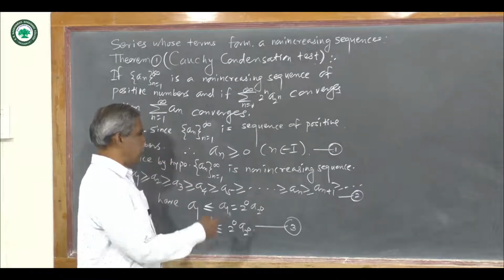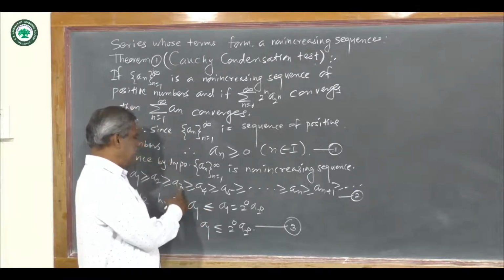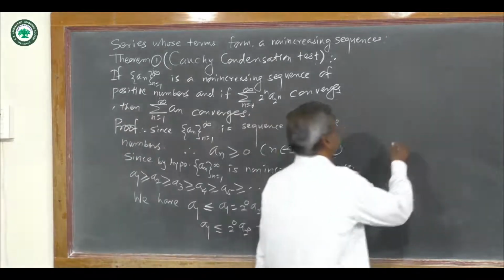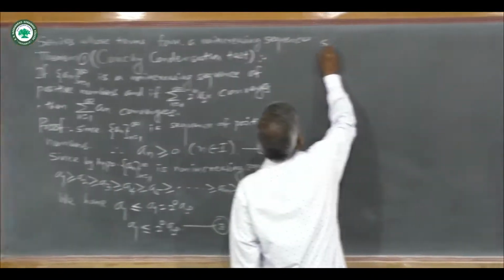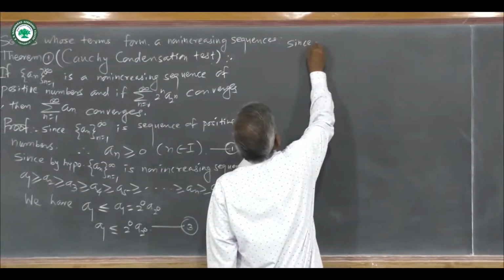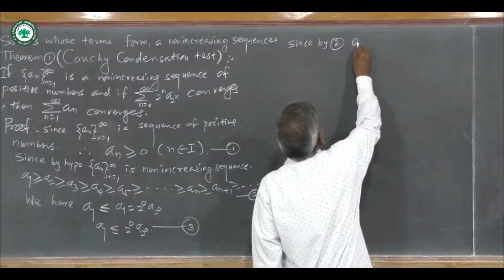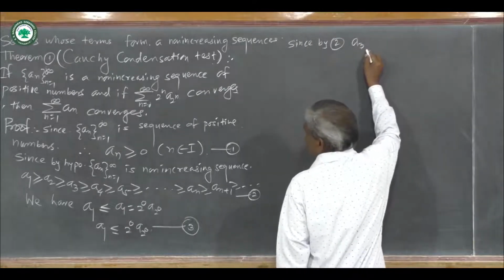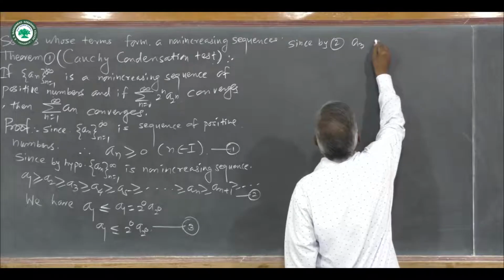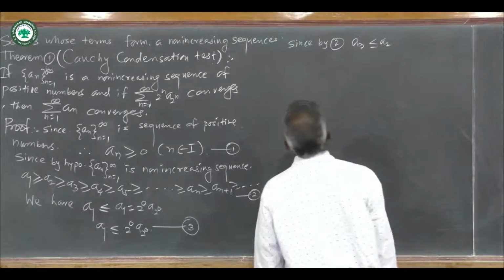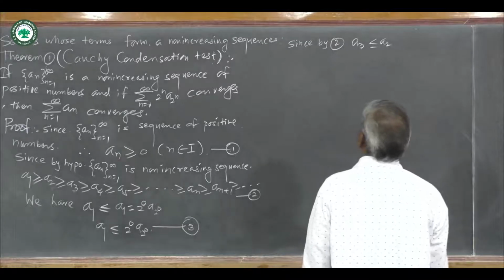Since by 2, a3 is less than or equal to a2. That is, a2 is greater than or equal to a3.